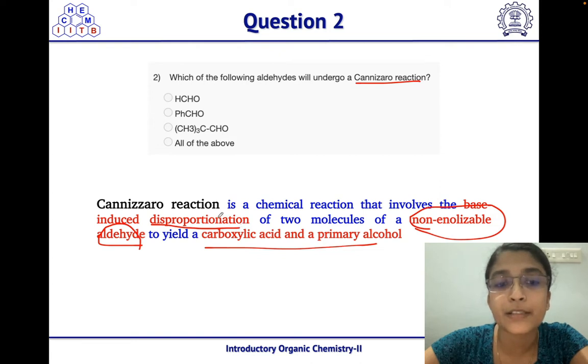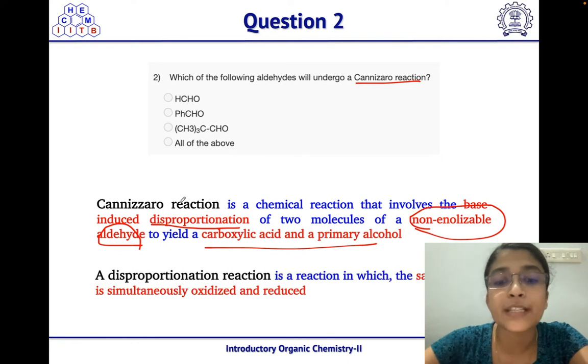This is a basic reaction. A disproportionation reaction is a reaction in which the same element is simultaneously oxidized and reduced. So this is a redox neutral reaction. The same element is undergoing oxidation and reduction. That kind of reaction is known as a disproportionation reaction.